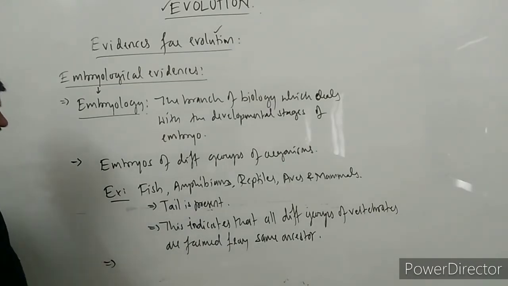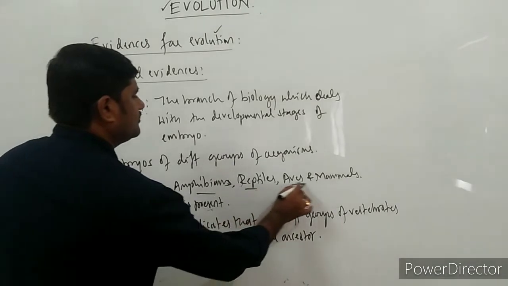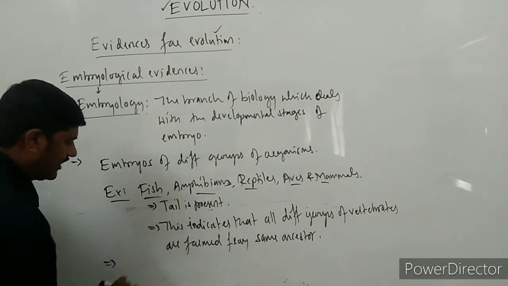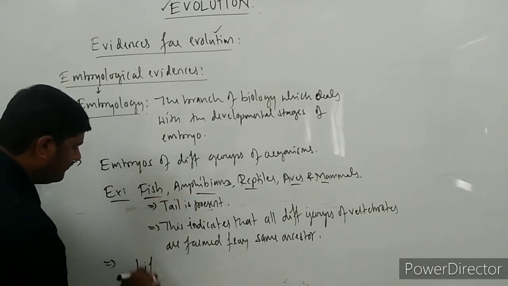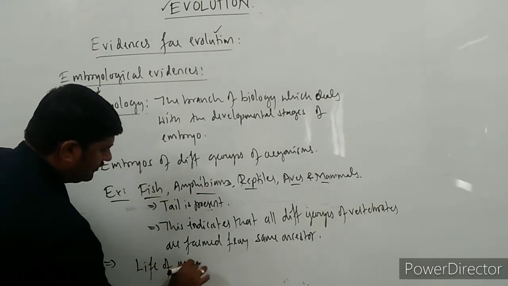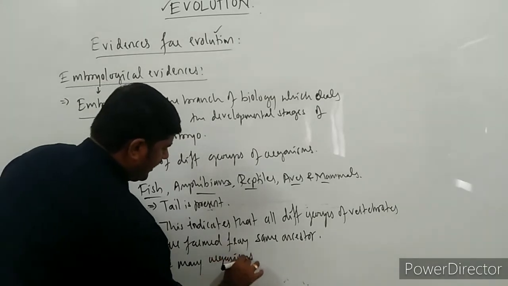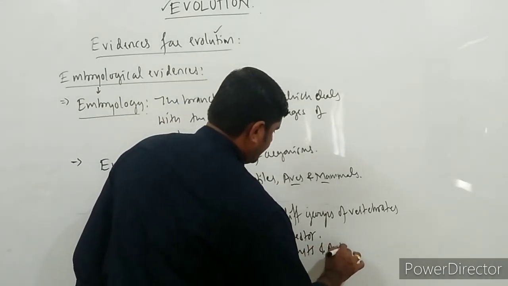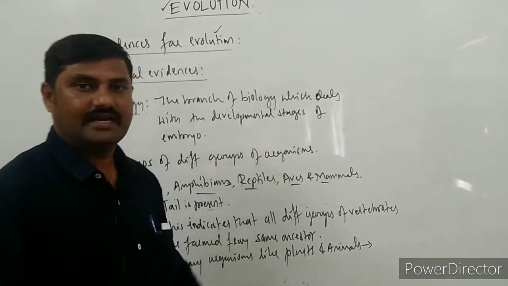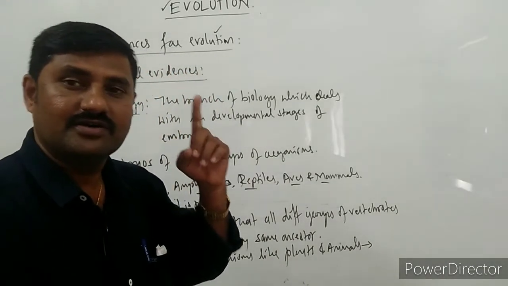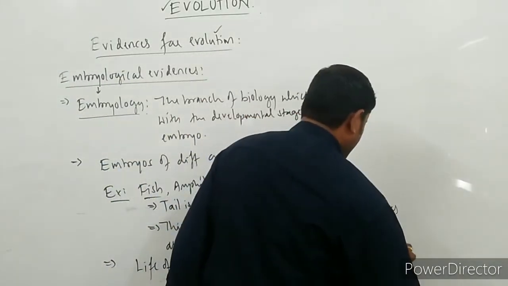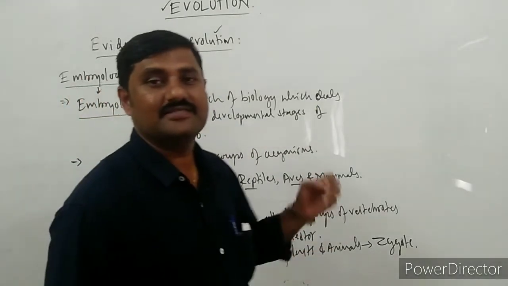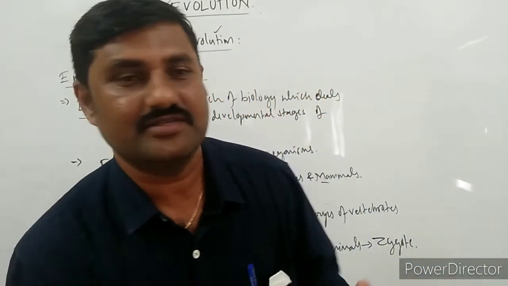And one more point to be noted. Whenever you consider all these distantly related organisms, the life of many organisms, like plants as well as animals, always starts with a single diploid cell called the zygote. The zygote starts the life of every organism on this earth, especially sexually reproducing organisms.